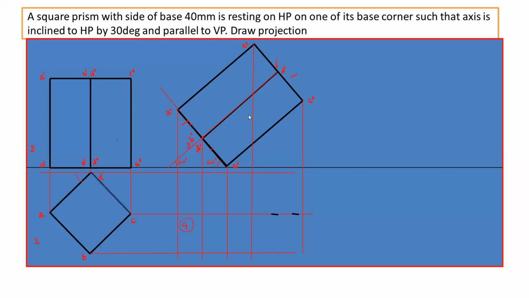So whenever you find out the intersection points, you can first concentrate only on the bottom base. Okay, so you can focus on this bottom base and try to locate their intersection points. Okay, so this is the projector which is from the A dash point, which is on the bottom base.